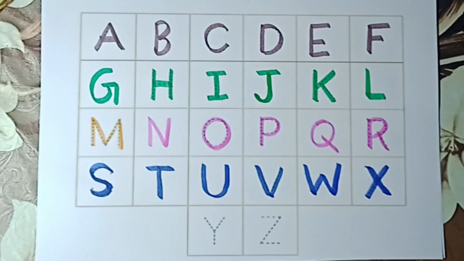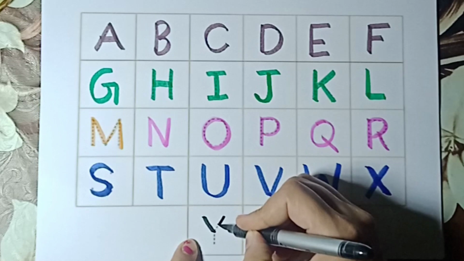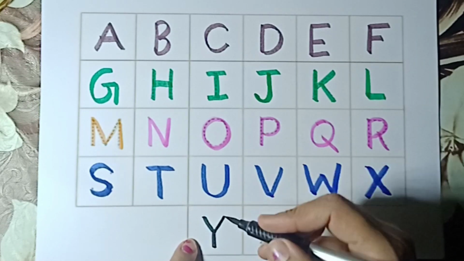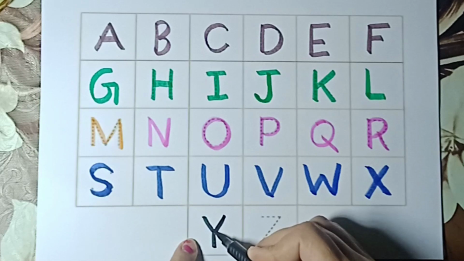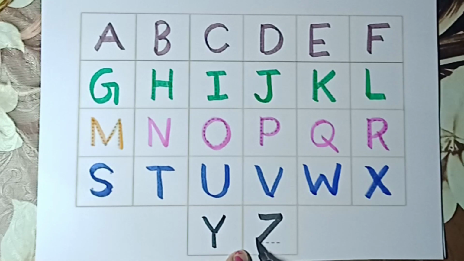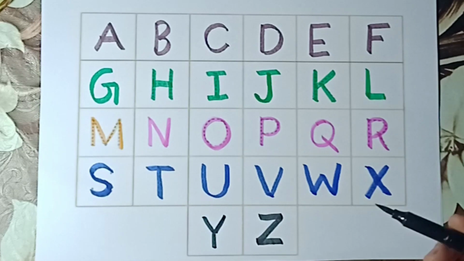And next letter is Y. Y is for yo-yo. And last letter is Z. Z is for zebra. Very good.